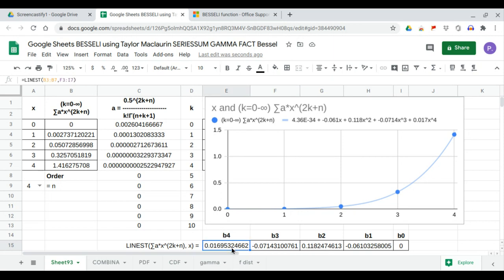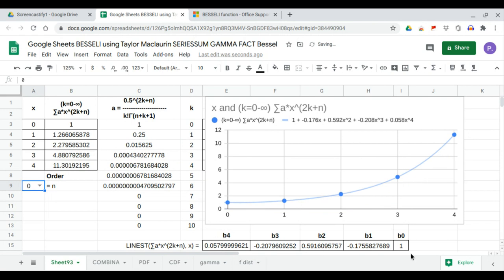And B4, 0.0169, which is 0.017. So we go back to the 0 order. B1 is negative 0.176, B2 is 0.591, B3 is negative 0.2079, and B4 is 0.058.